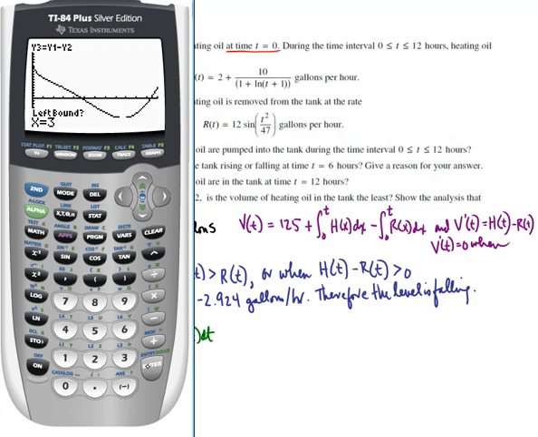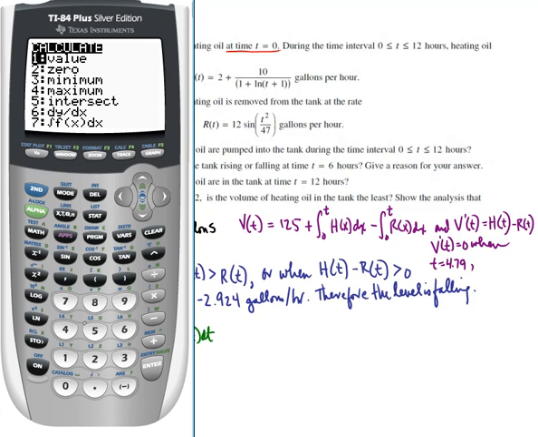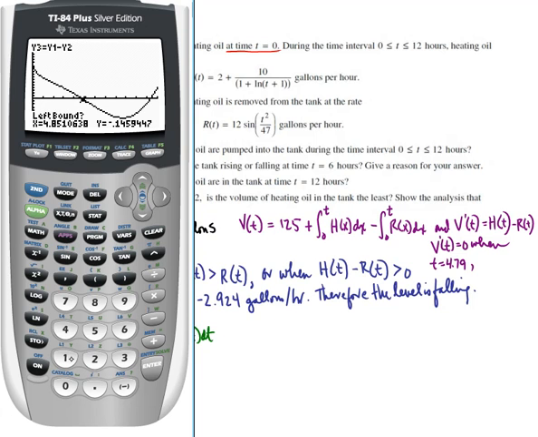I know that it's going to be somewhere between 3 and 6. Guess, and it's at 4.79. If I wanted to find the next one, I'd do something similar. Find a 0 between 11 and 12. Guess tells me that's at 11.318.